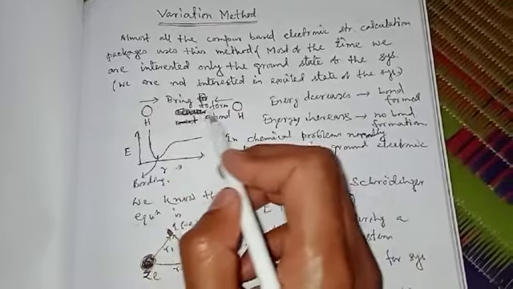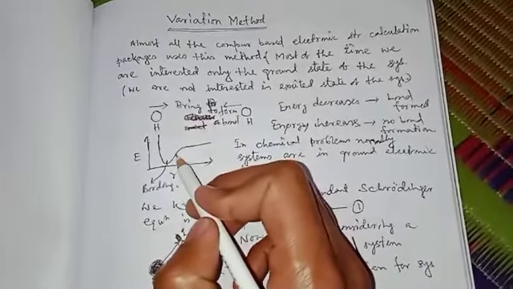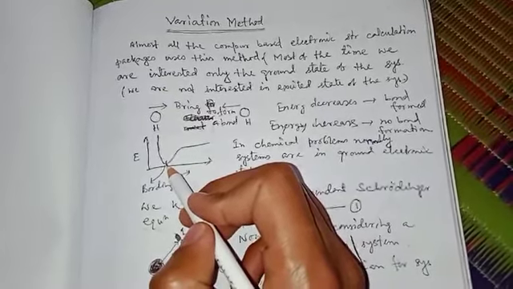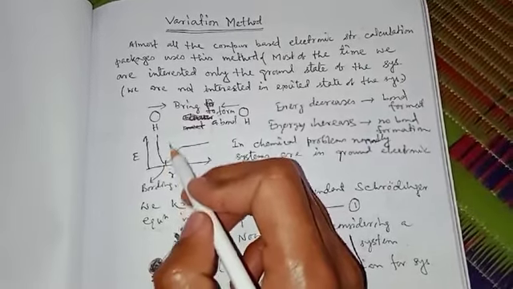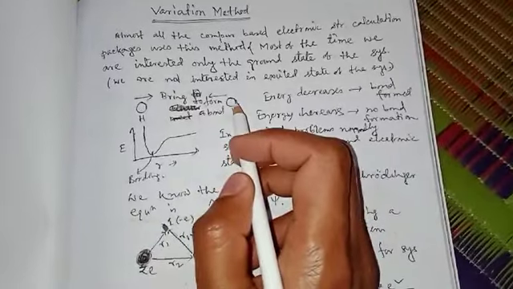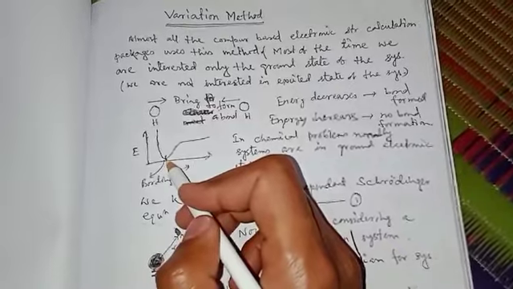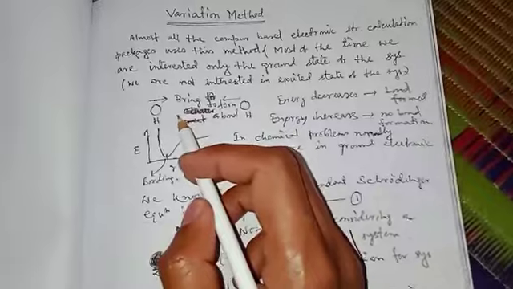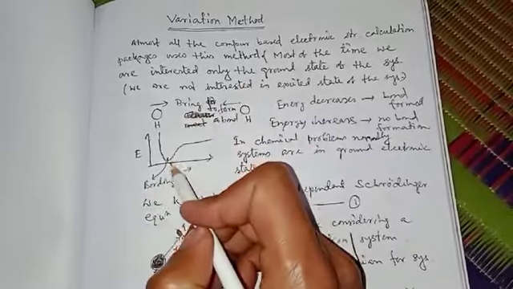So there will be an attractive force between the two atoms, and this attractive force reaches a minimum at a certain distance. This is the distance where a chemical bond is formed. That may be a covalent bond, or any other kind of bond, but there is a formation of a chemical bond.